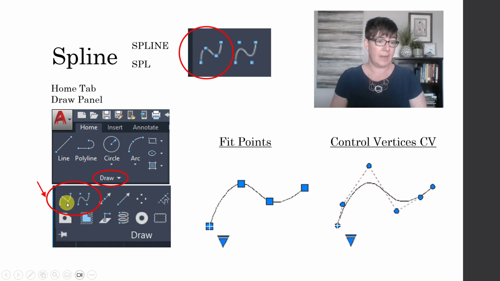If you look at the icons here, you can see that the blue dots are actually on your curve. The other option that we do not want to use is called control vertices. In that case, these little control dots are pulled off of our line. It's a different way of creating the spline, and we're not going to use it for this course. Stick to the fit points.